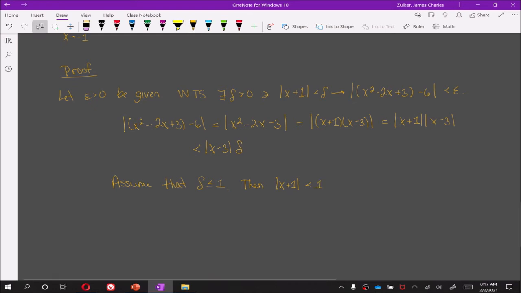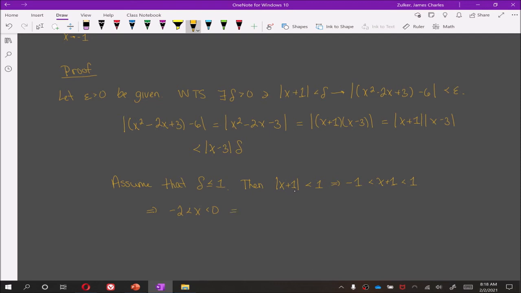Because we're assuming that's less than delta. So if delta is less than or equal to 1, then this whole thing has to be less than 1. But that would mean that negative 1 is less than x plus 1, which is less than positive 1. Which would mean that negative 2 is less than x, which is less than 0. We're just subtracting every part of that inequality by 1.